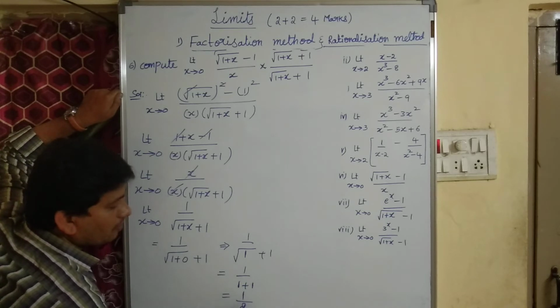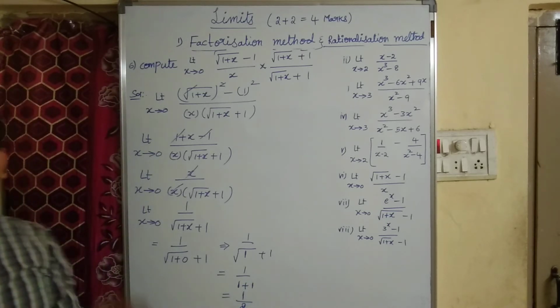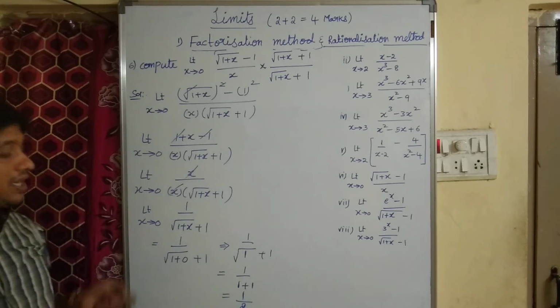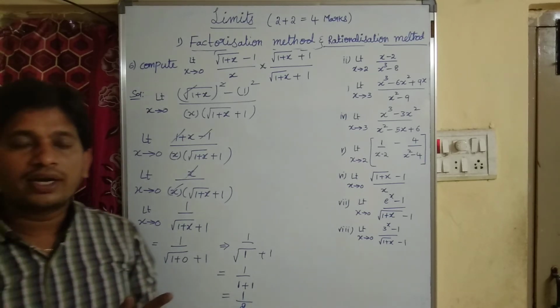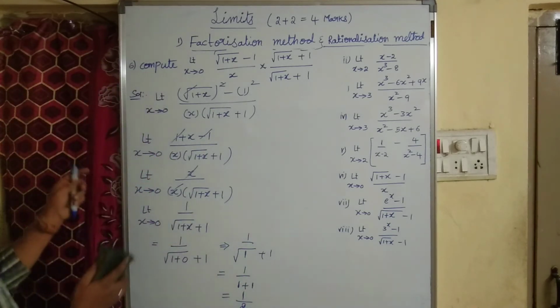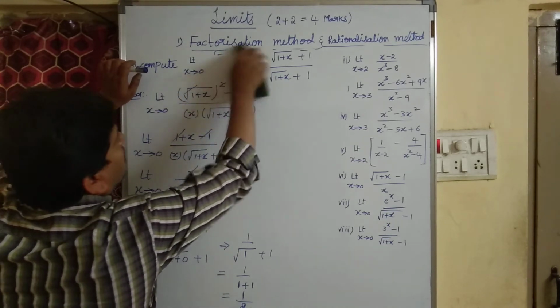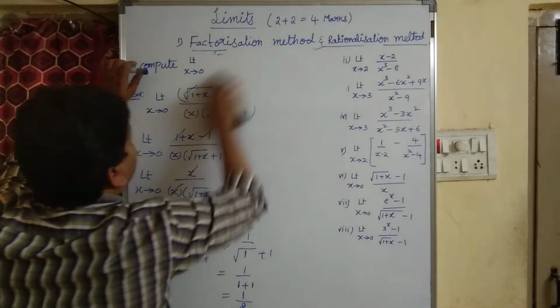As 1 plus 1 value is how much? 2. So limit x tends to 0, (root over 1 plus x minus 1) by x, is equal to 1 by 2. Okay, that is the rationalization method. Let us do a few more problems based on the rationalization method.